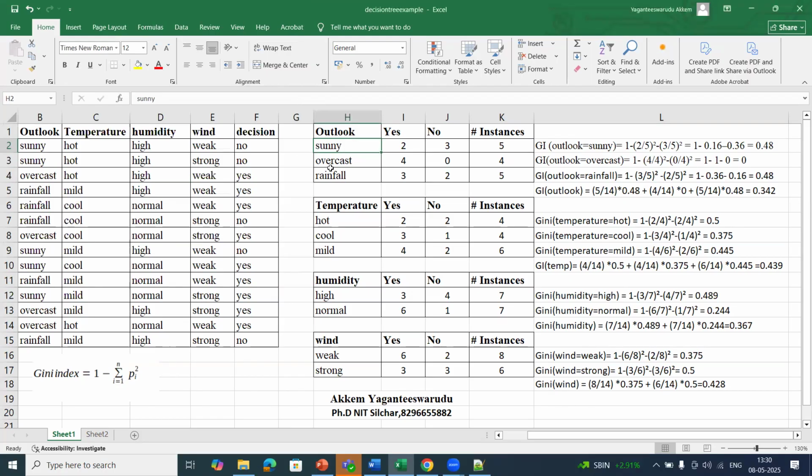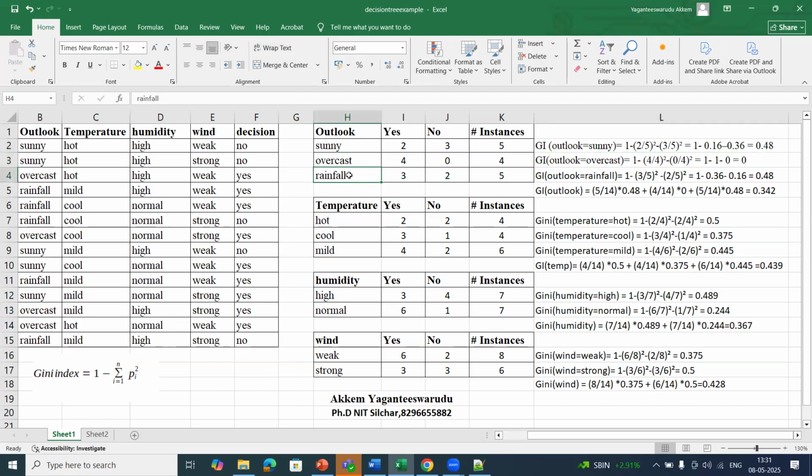And similarly, what is the Gini index if outlook is overcast? The probability for yes is 4 by 4, and the probability for no is 0 by 4. That is 1 minus 4 by 4 whole square minus 0 by 4 whole square, that is 1 minus 1 minus 0, that is 0.